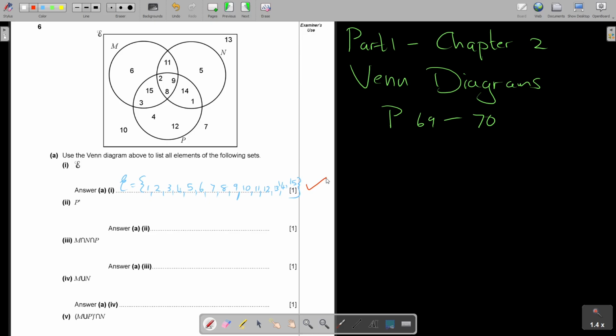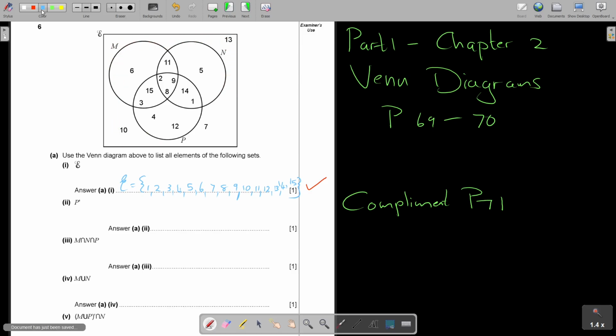Now, what does that mean? It means complement, and you will find complement on page 71. Okay, so if you look at complement, it means cover P. It's like I put it here and I cover this one and I just write the outside. Okay, so let's do that.